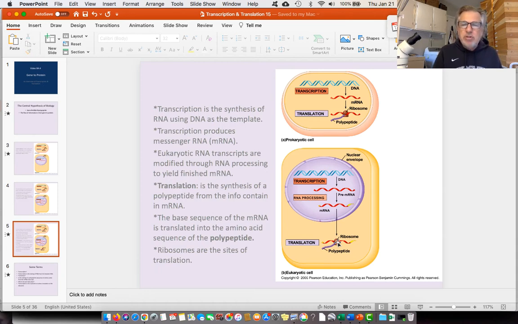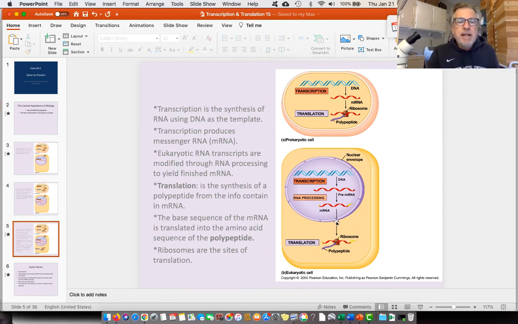And then we also saw other RNAs that we didn't specify that are involved in the processing of the pre-mRNA that is made directly by transcription into the final or ready to translate mRNA. And that's carried out by RNAs. And that process does not occur in prokaryotes, only in eukaryotes.